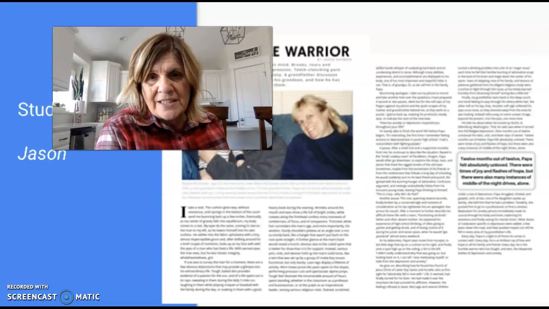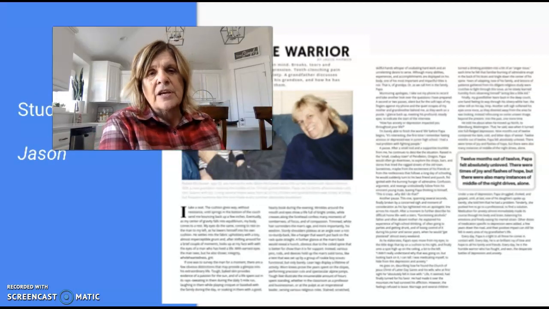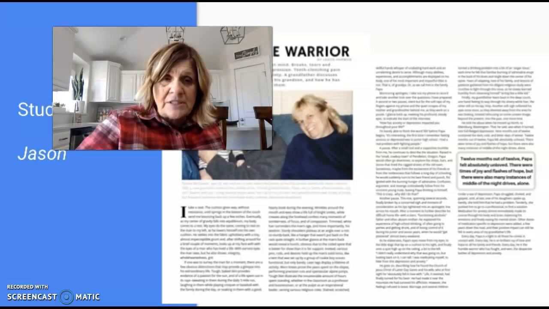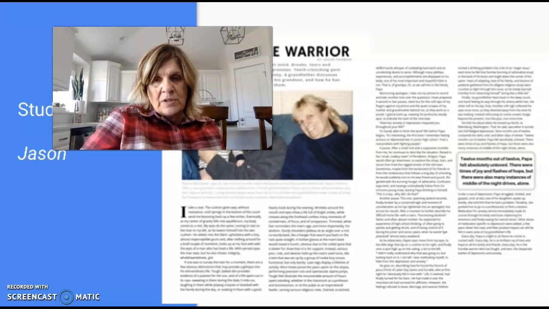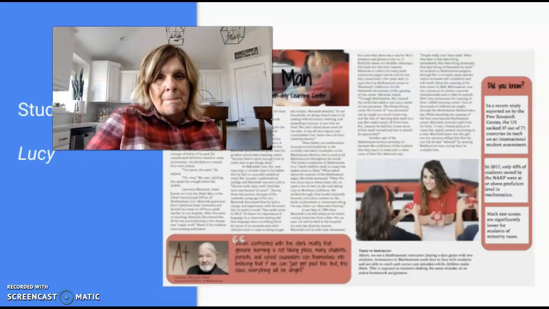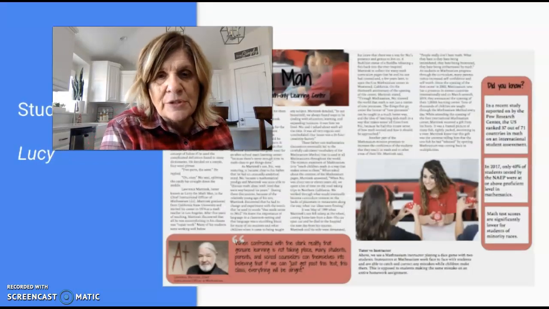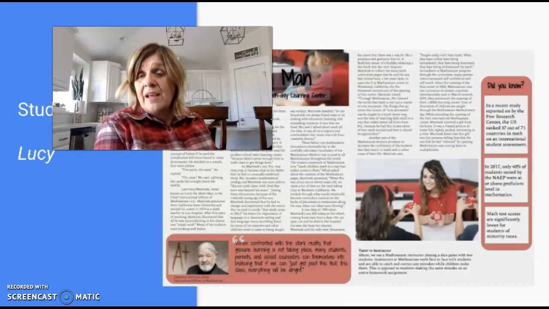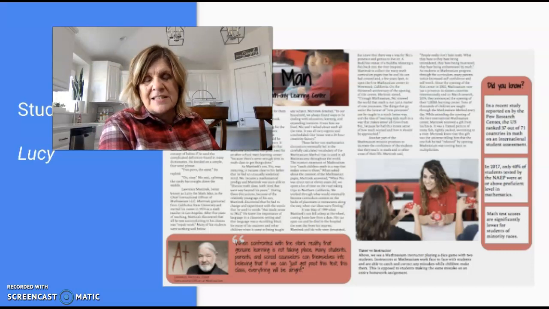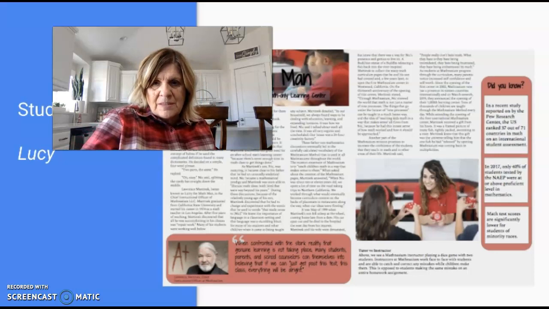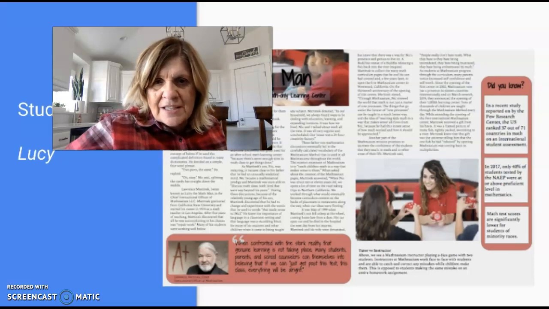This one is Jason's. And here he talks about a relative who has suffered from depression. And his topic was mental illness throughout the semester. This one is Lucy. And her topic was women and math and science and the STEM fields. So here she talks about a mentor, someone that she worked with at the Math Academy place.